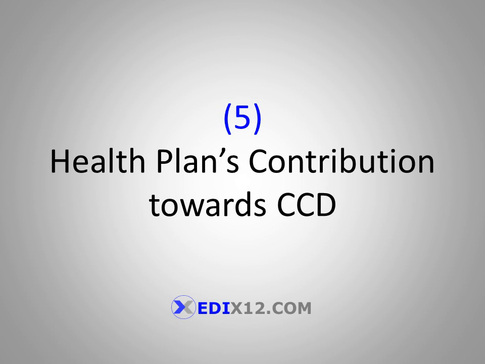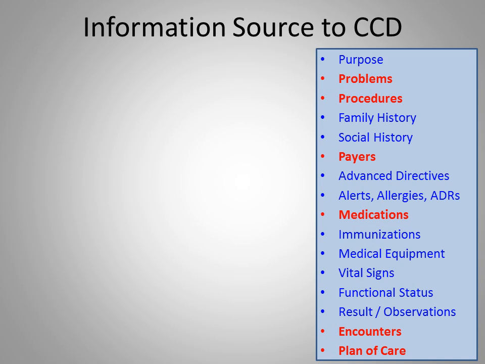In the fifth milestone, we will review health plan's contribution towards CCD. Here on the right side, you can see the structured sections of CCD, and the sections highlighted in red are contributed by health plans. Now let's look at the data source.